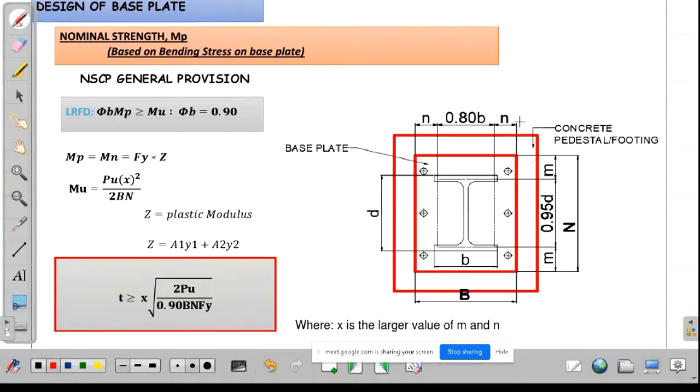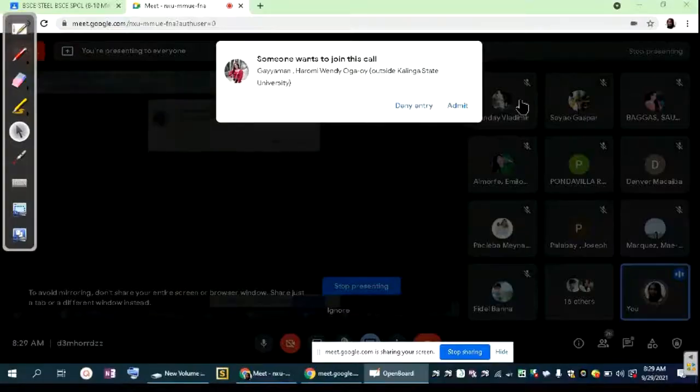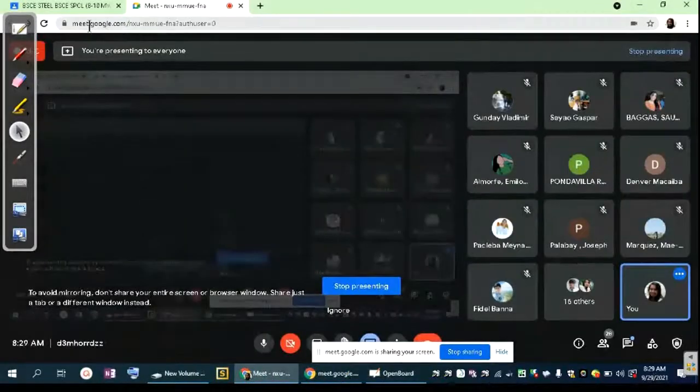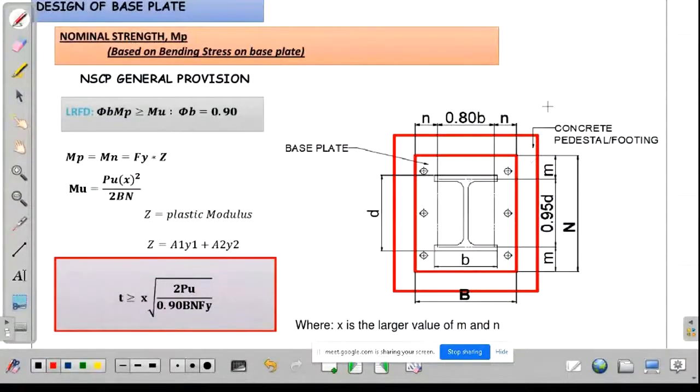So, consider yung bending stress on the base plate kasi nagbe-bend, meron tayong bending dito. Dito sa both width ng N, nagbe-bend tayo dyan. And meron din tayong bending dito sa M. Ayan. Itong dimension ng M and N.